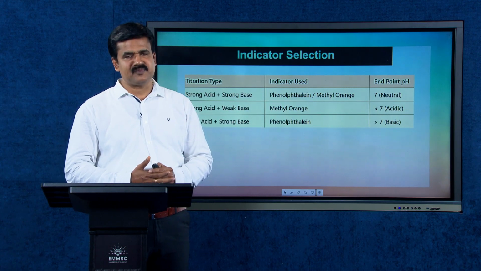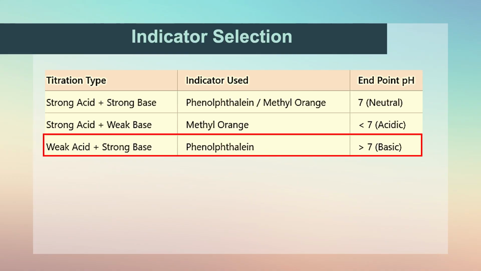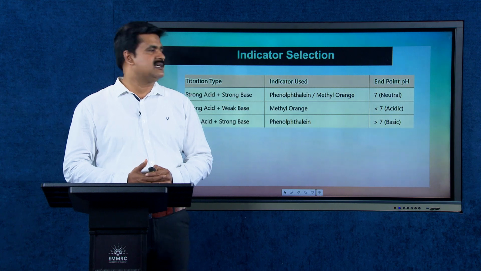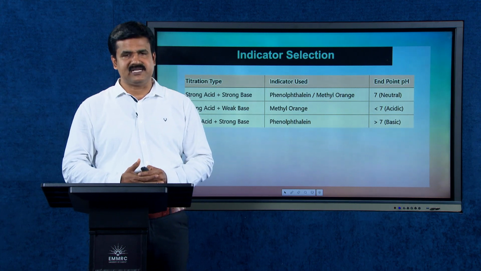Yellow in basic medium, orange red in acid medium. And the last type of titration, that is weak acid against a strong base. The most appropriate indicator for such a titration is phenolphthalein, and the color change is from pink to colorless, pink in basic medium and colorless in acidic medium, and near the end point the pH is greater than 7, that is, the pH is basic.